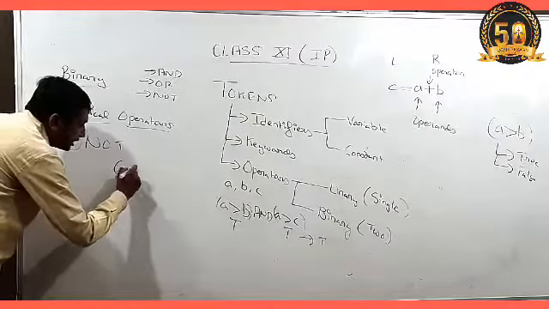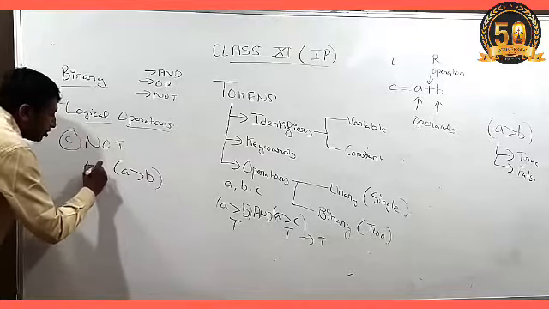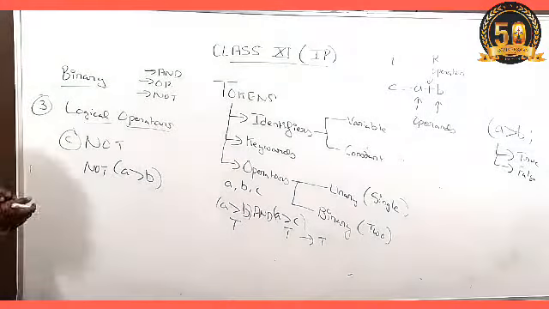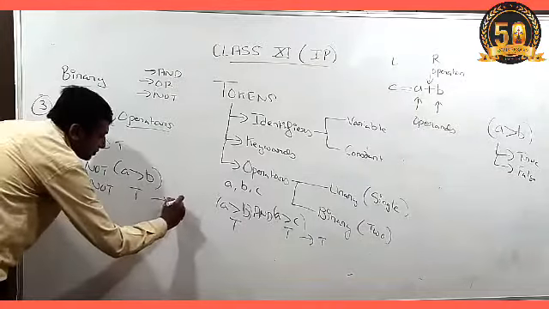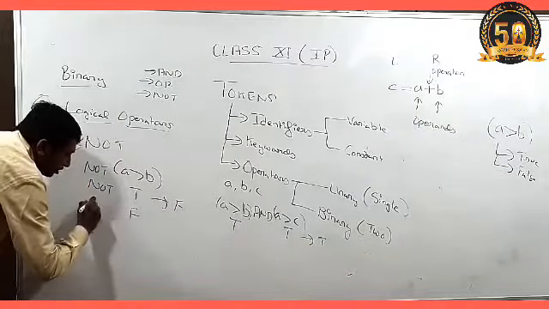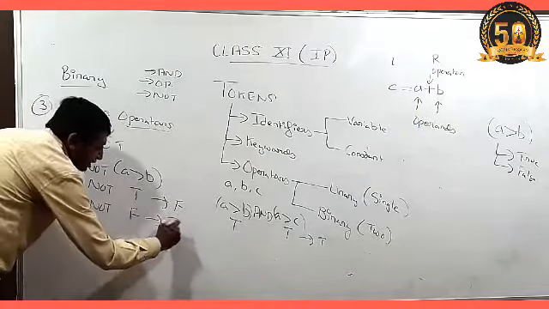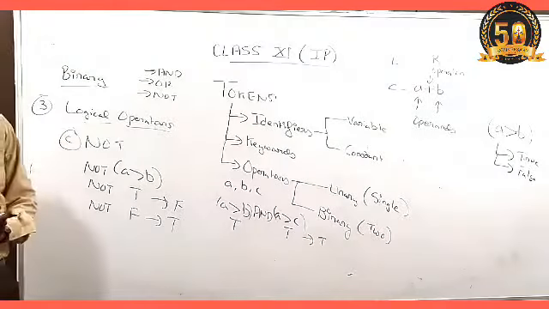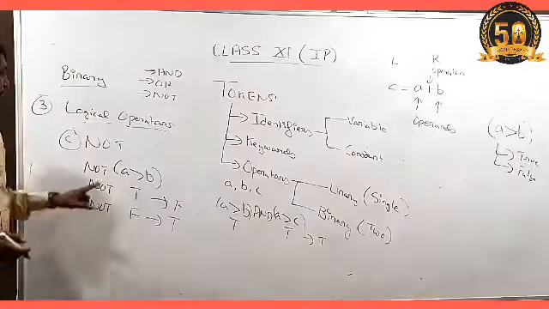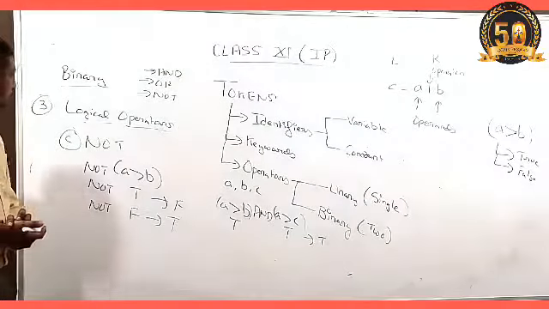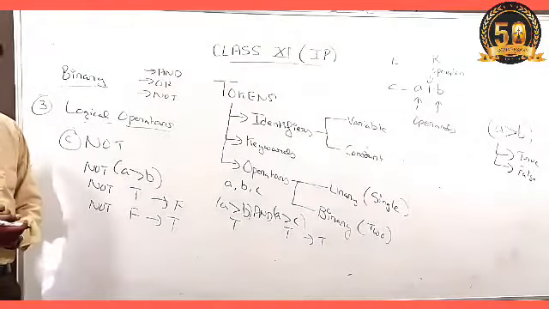If we apply a condition like A is greater than B and apply a NOT operator in front of it, so if this condition is true, NOT makes it false. If this condition is false, then NOT makes it true. It means that NOT operator is used to calculate the complement value or the inverse value of the condition that we pass through it. So all these are the logical operators.